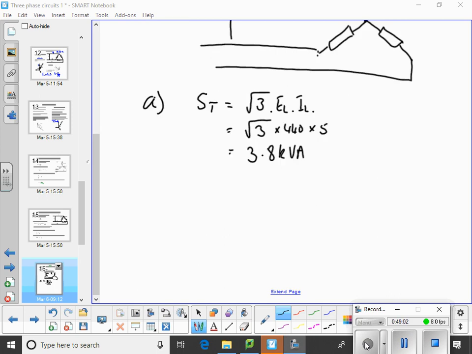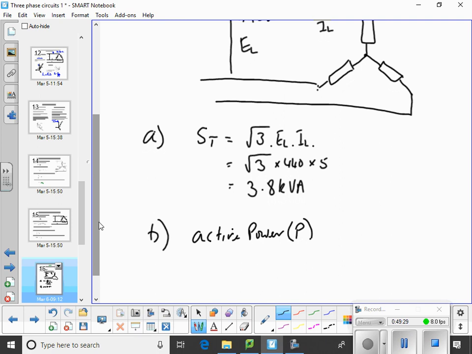So, B, how from that can I find the active power P? What other piece of information have I been given that will help me do that?